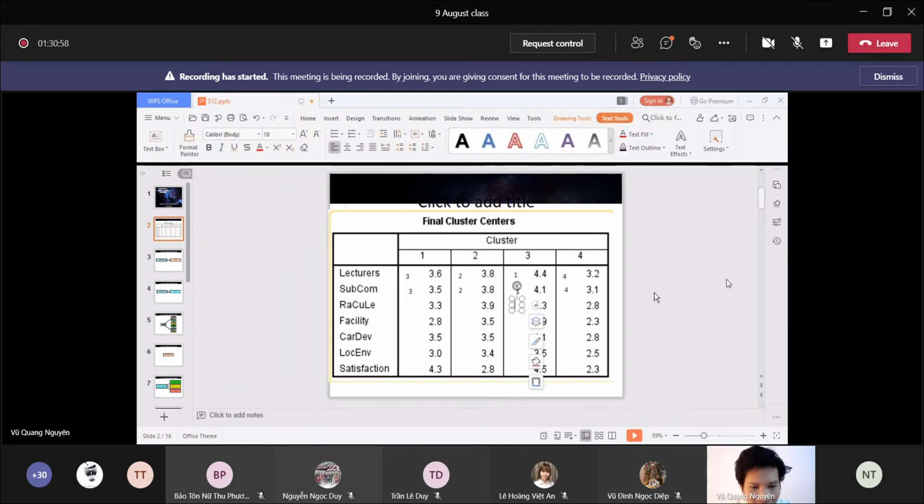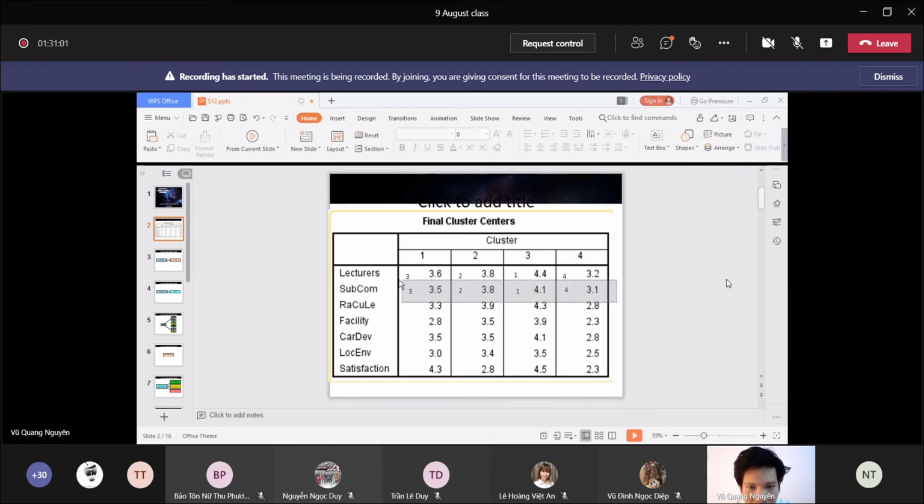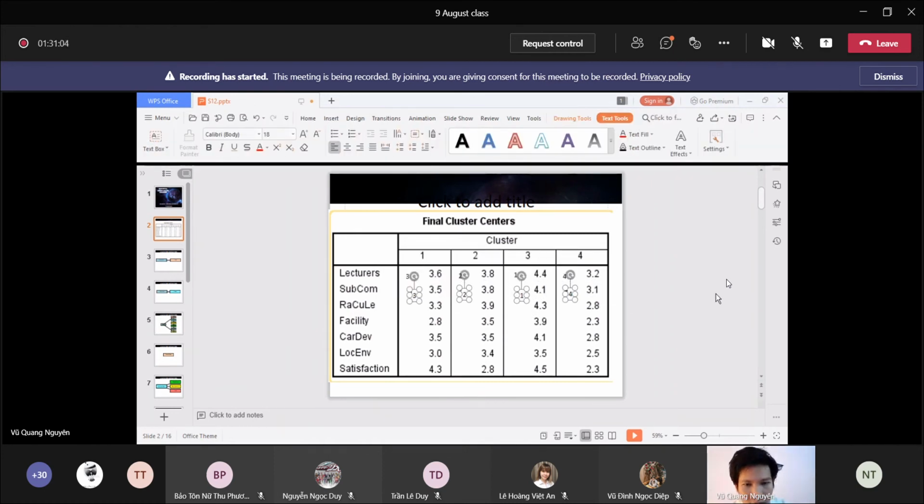Oh, same thing again. 1, 2, 3, 4. Yeah, the same thing with facility. 1, 2, 3, 4. Right. Hey, a little bit different here. In career development, you can see that it's 1, 2, 2, 4. It's not 1, 2, 3, 4. It's 1, 2, 2, 4.